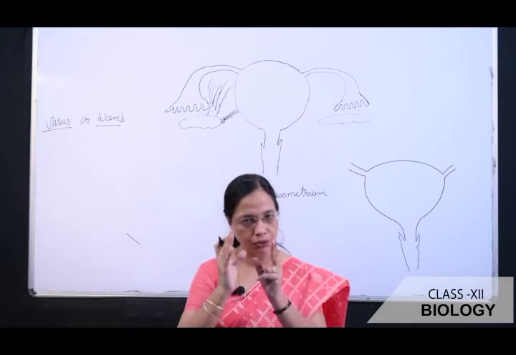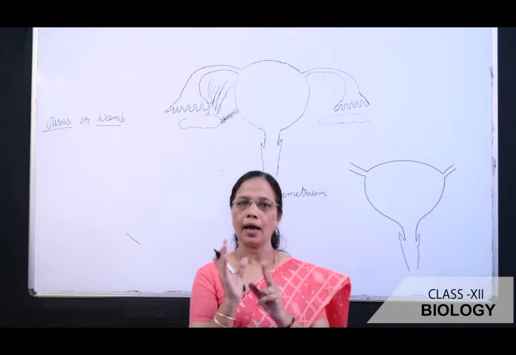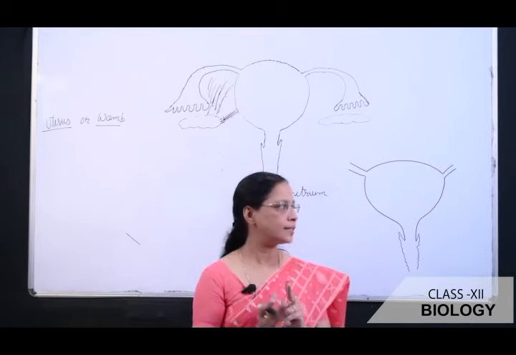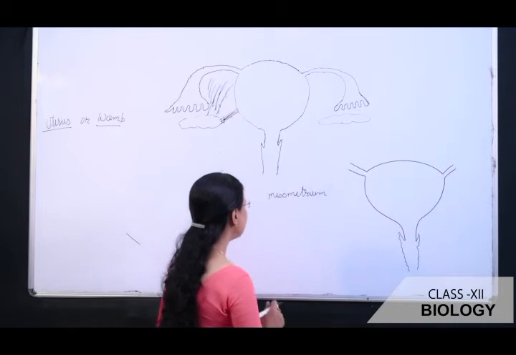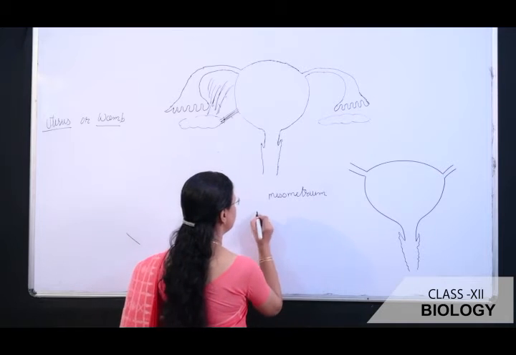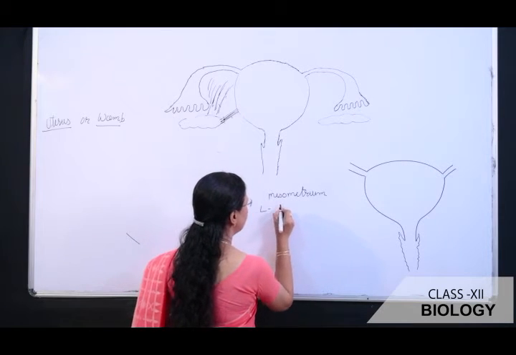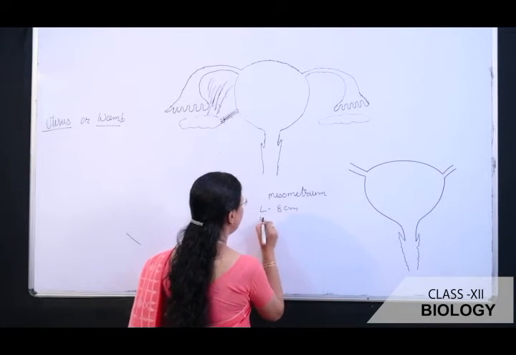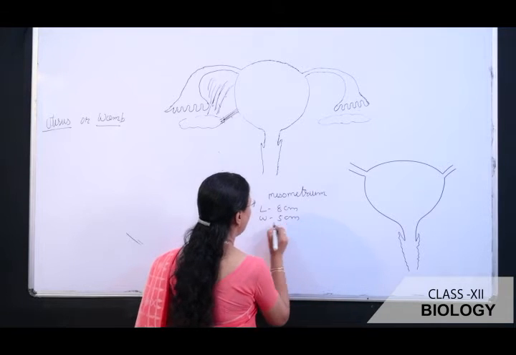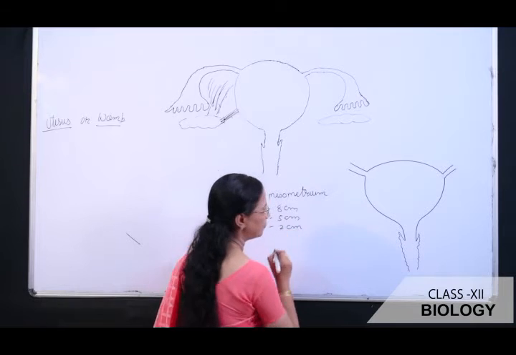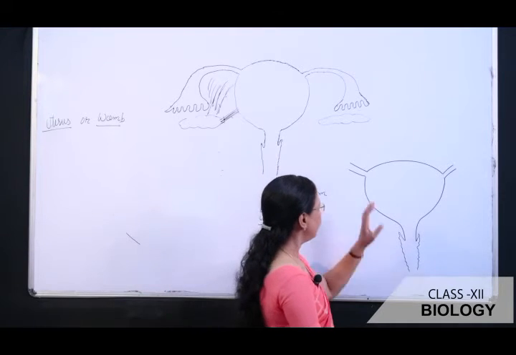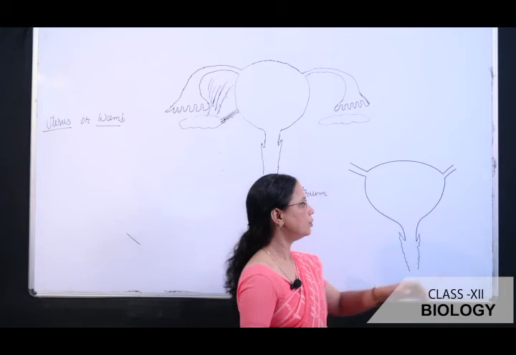It is in the shape of an inverted pear. The size of this uterus is: length about 8 centimeter, width 5 centimeter, and thickness about 2 centimeter.